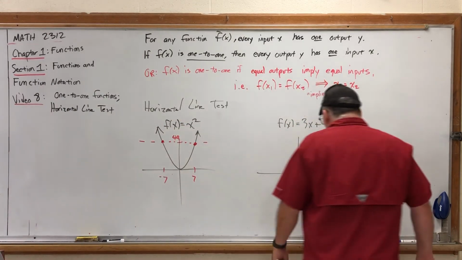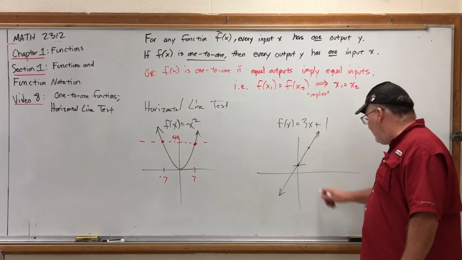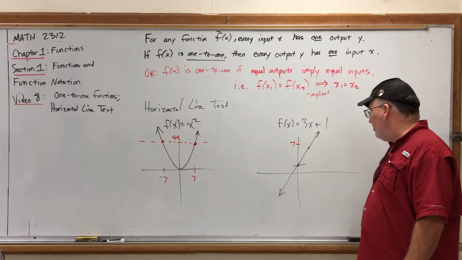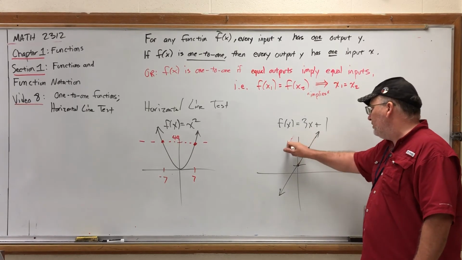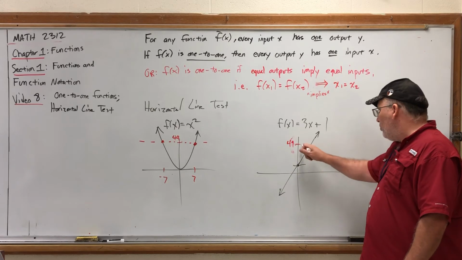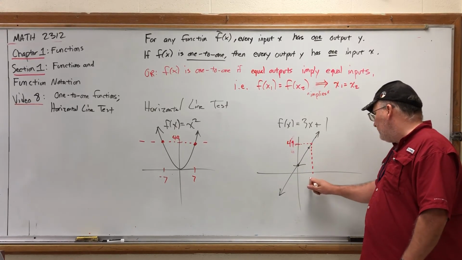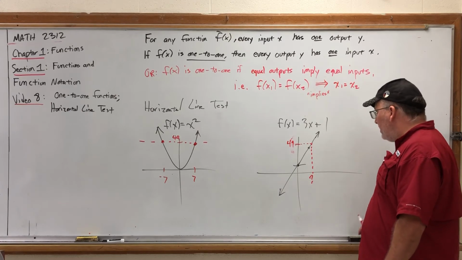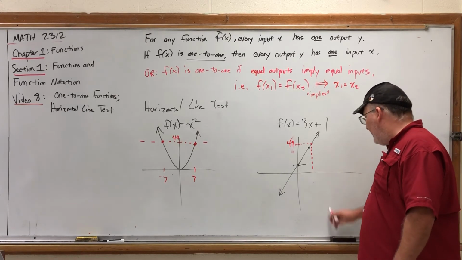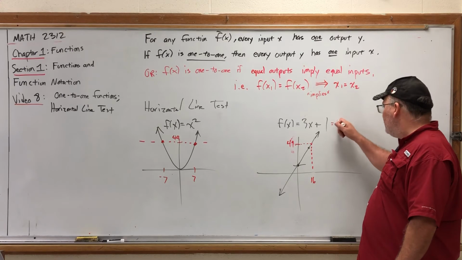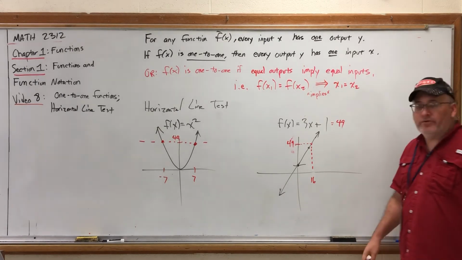However, if we were to say 7 here, let's put 49, why not? There's only one point on this graph whose y-coordinate is 49. What's that point? 16. How did I know it was 16? I just put this equation equal to 49 and solved it real quick.